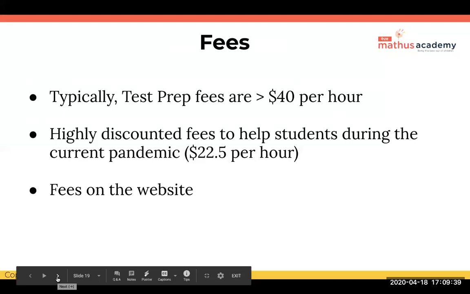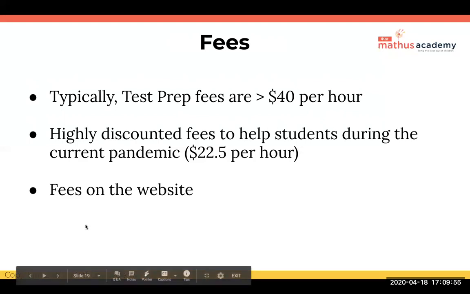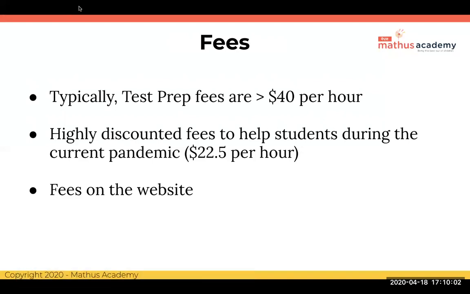Fees: the general fees for SAT and ACT are pretty expensive. Typically, group classes are about $40 per hour, and one-on-one classes anywhere from $50, $60 to $100 or more per hour. But because of the current situation, we are doing highly discounted fees for all classes, SAT, ACT, PSAT in particular, but also all our other classes.